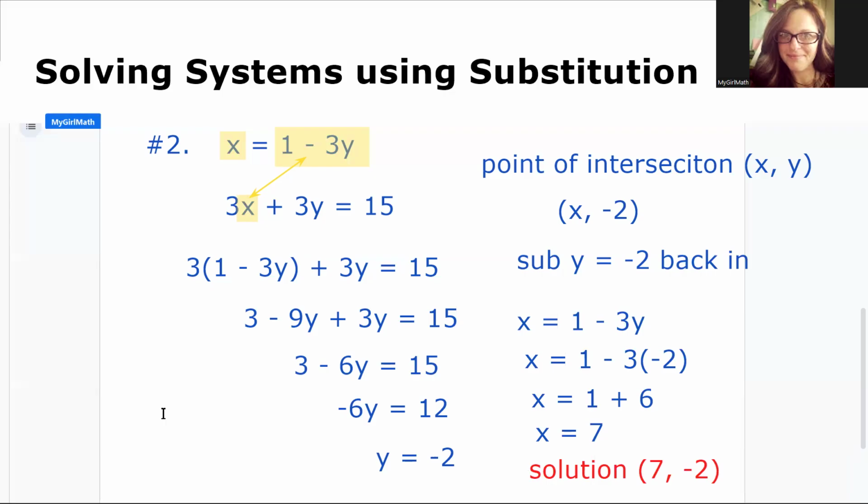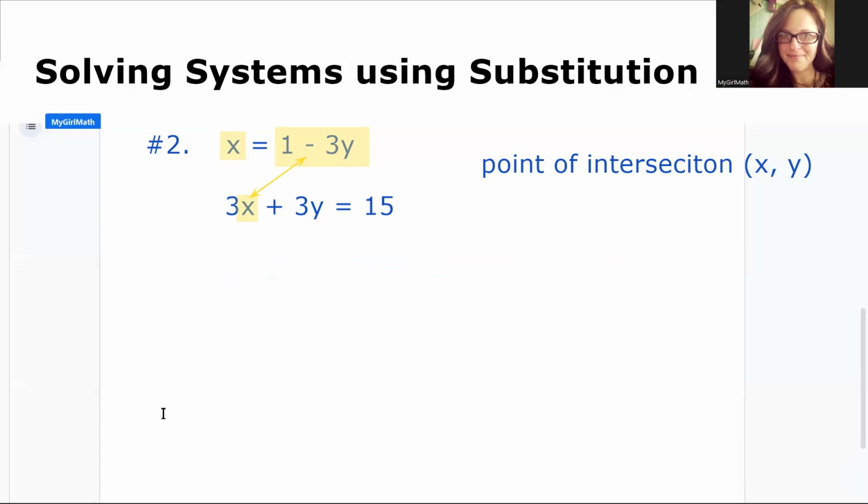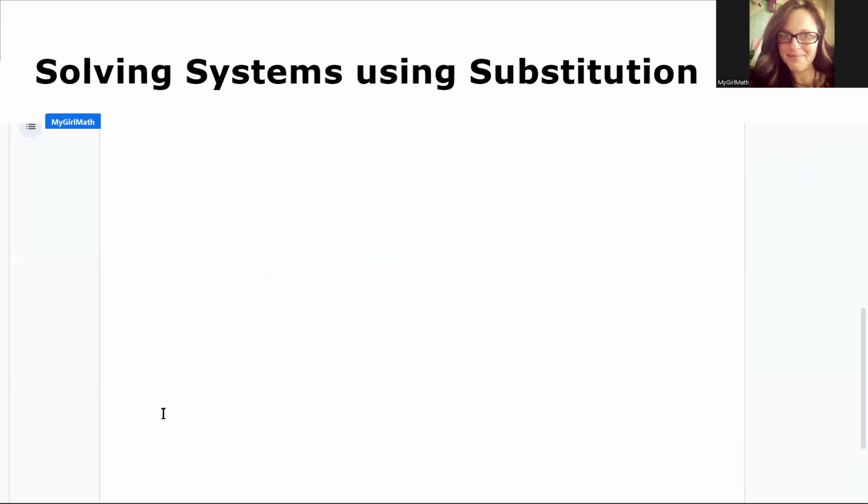Let's take a look at one last example. Let's solve the system of linear equations. And the second one.